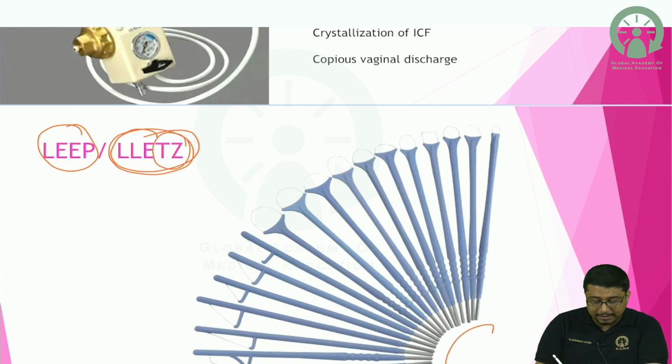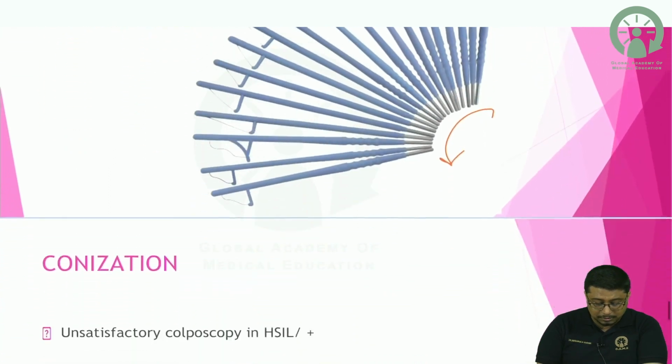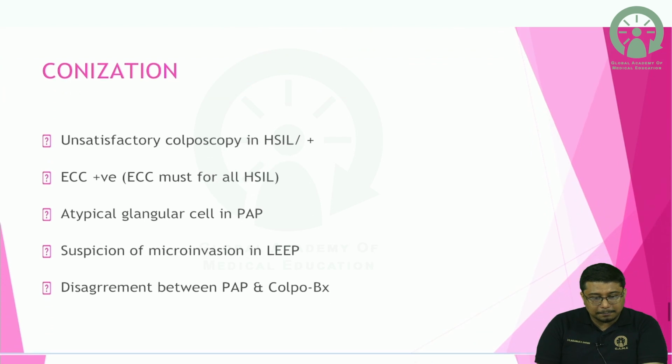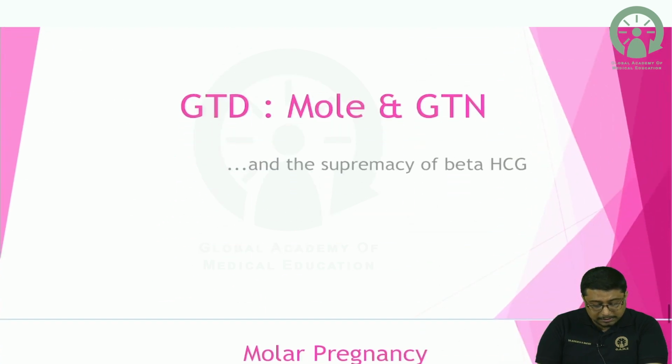So these are the various electrosurgical equipments that can be used for this procedure. And conization is cold scissor conization and can be done. So remember, this is the only thing that can address an endocervical issue.